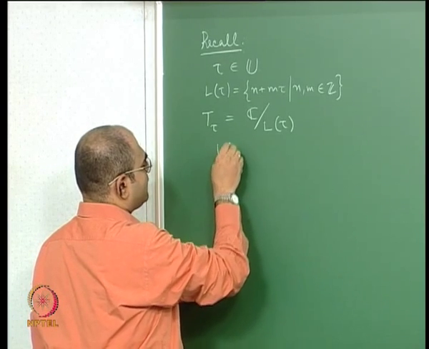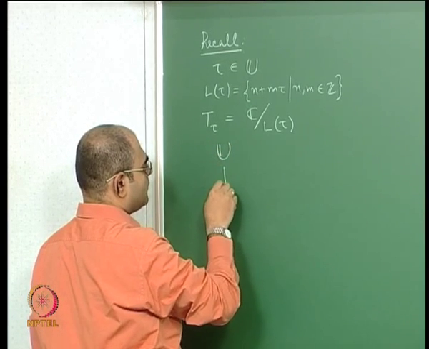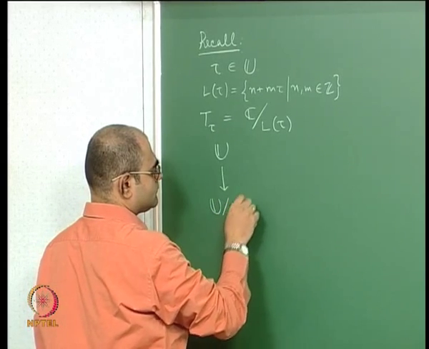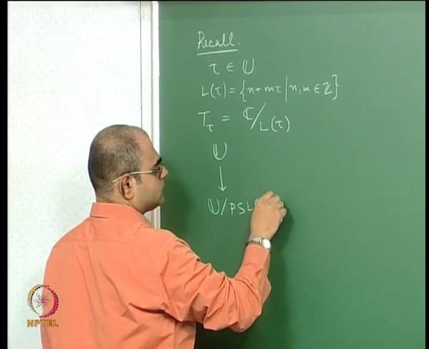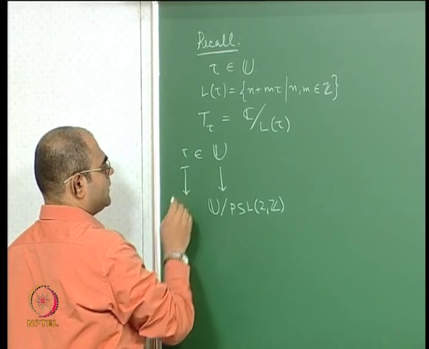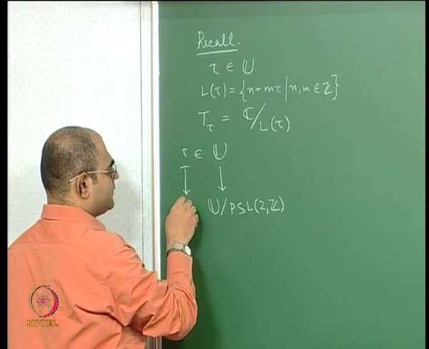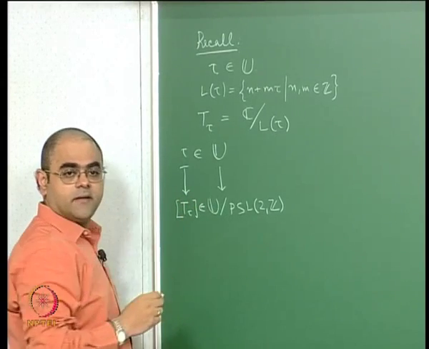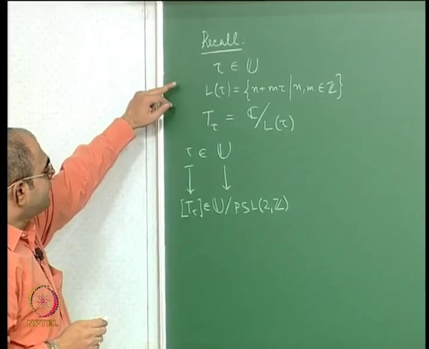So you get a map from U to U mod PSL2Z, tau going to the isomorphism class of the torus defined by tau.